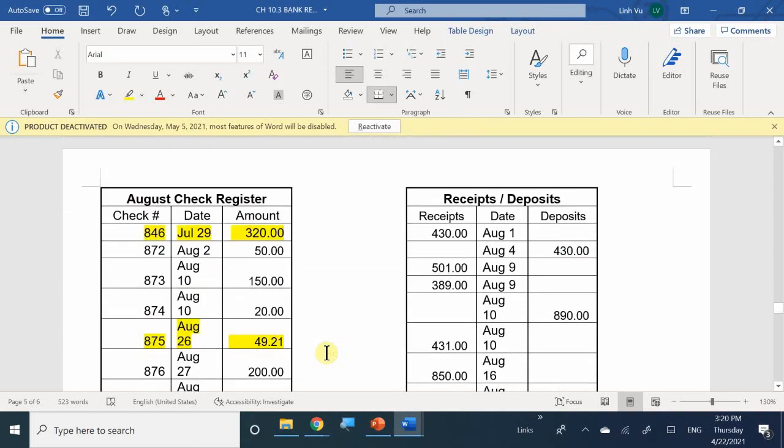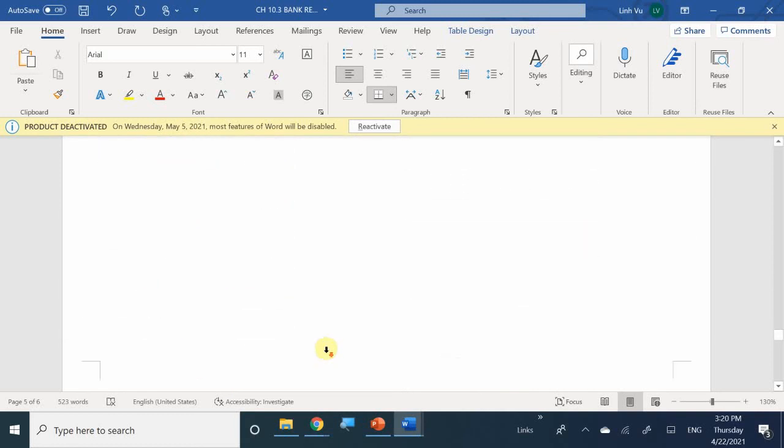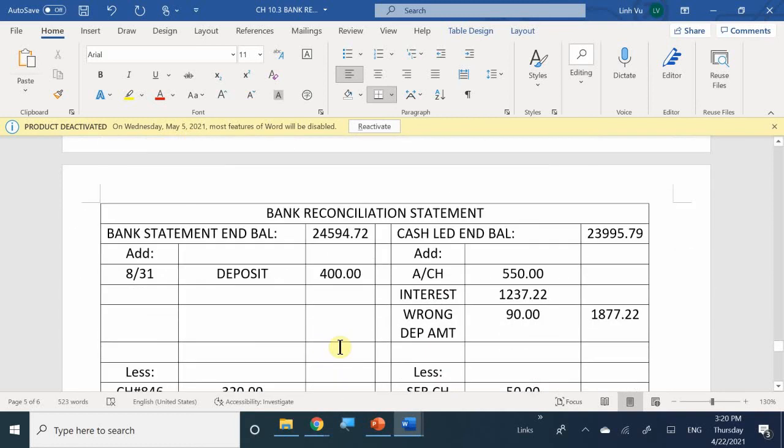Now, does the bank know that? No. That's why you have to add it into your bank side, because in this case, you still have cash on hand. It's potential money that you will deposit.